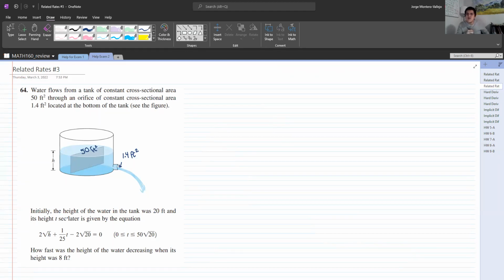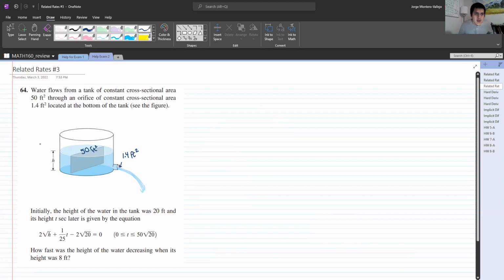Like some equation, h of t equals something that depends on t. Well, that would be an explicit writing of h of t, right? We don't have that, but what we have instead is this equation over here that relates h, the height, and also t. Now, it is valid though to still think of h as a function of t.